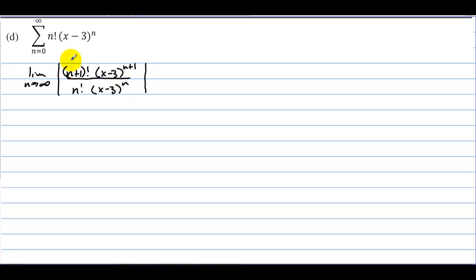This n plus 1 factorial can be written as n factorial times n plus 1. So the n factorials will cancel, and we're left with n plus 1 in the numerator. We have the limit as n approaches infinity of n plus 1, and then there's going to be one extra x minus 3 in the top. So this is times x minus 3.